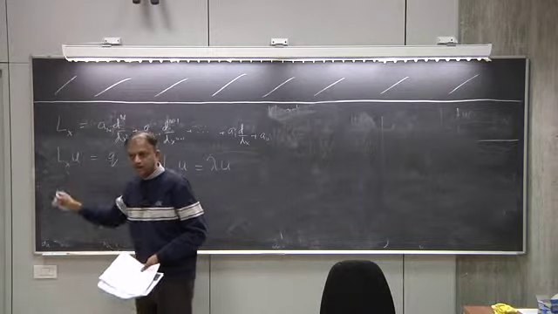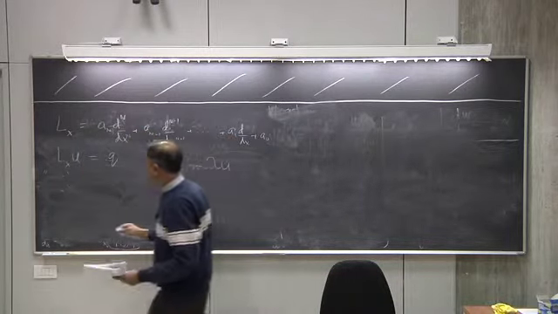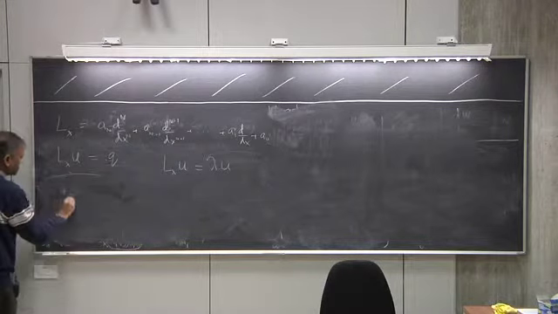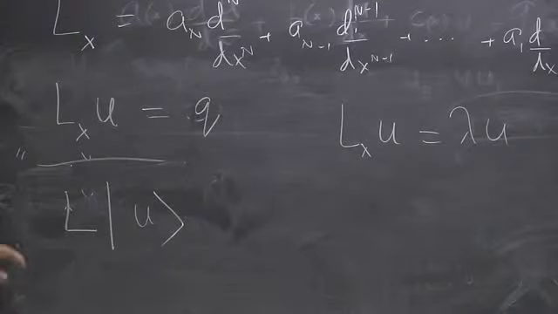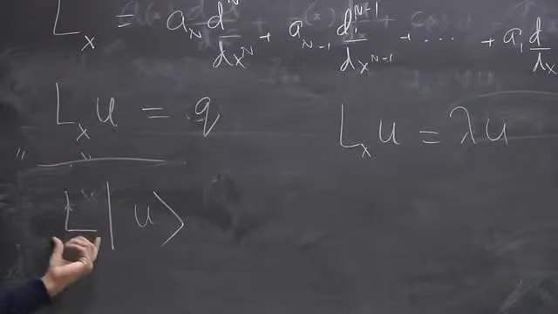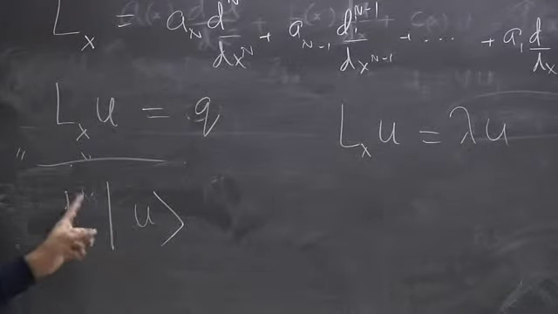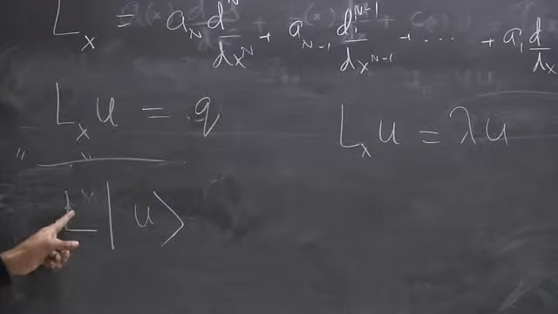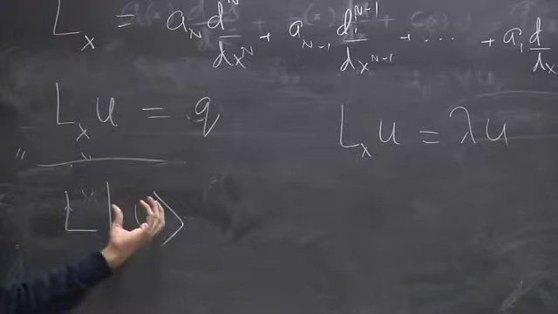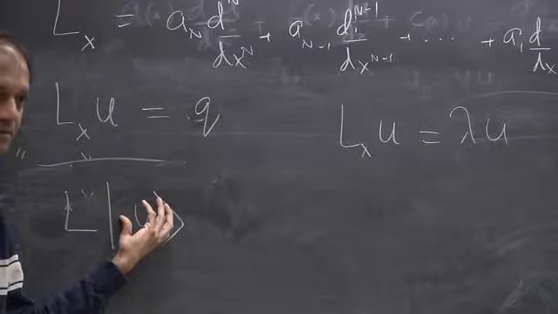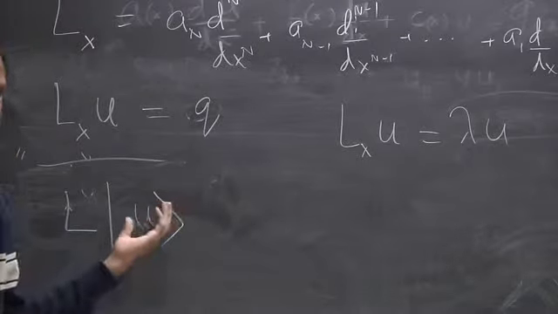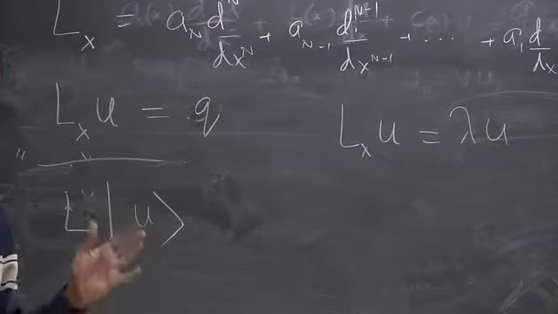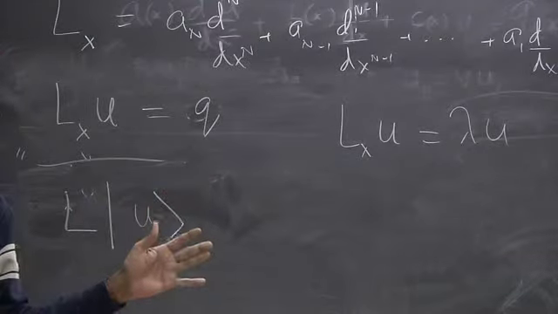But when I use the notation that we are familiar with, there's a vector space where this operator L acts. This is a vector space of functions, but those functions will come with certain suitable boundary conditions.